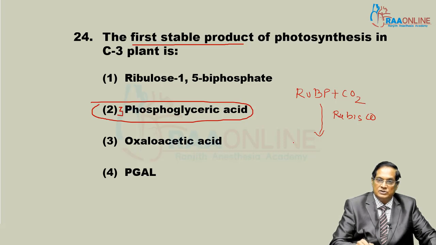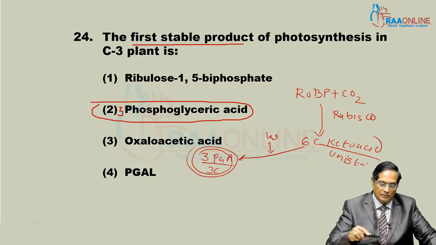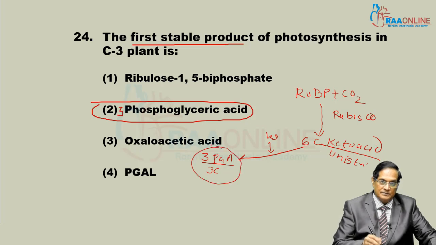Reaction 1, carboxylation. First of all, a 6-carbon keto acid is formed. It is unstable. This keto acid uses water and is converted into 3-phosphoglyceric acid, a 3C compound, as the first stable product of photosynthesis.